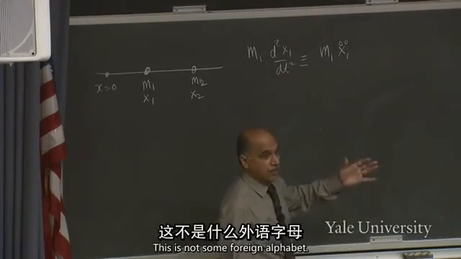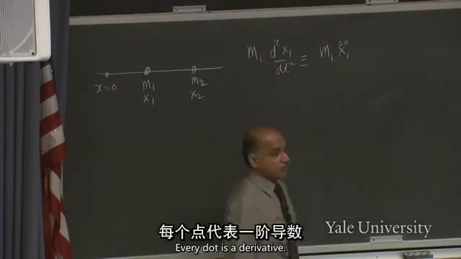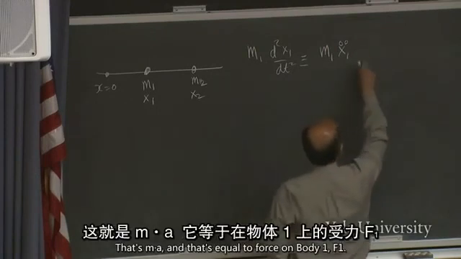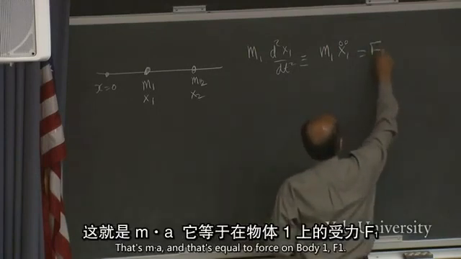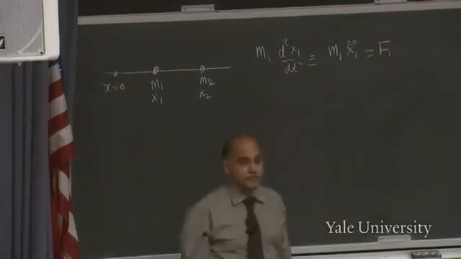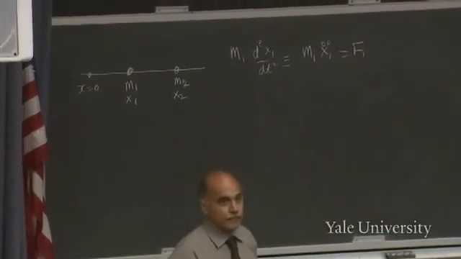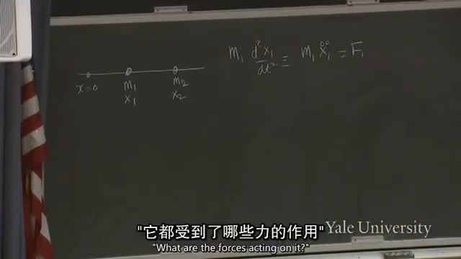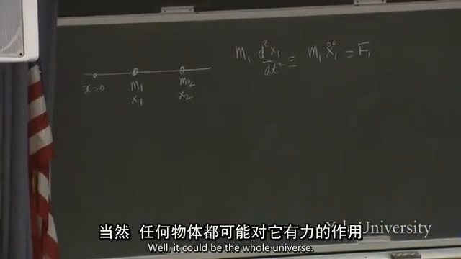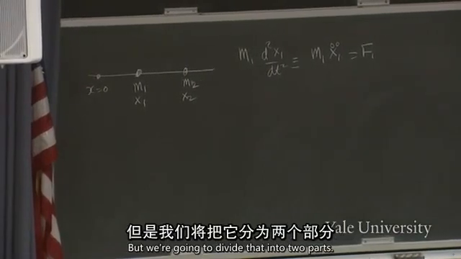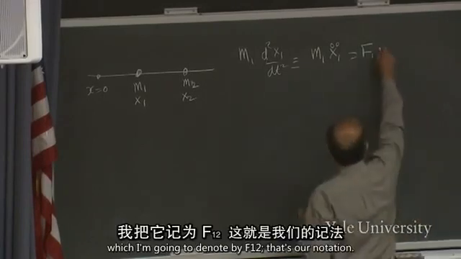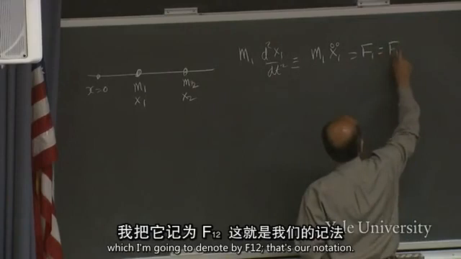So don't forget the dots. Okay, this is not some foreign alphabet. Every dot is a derivative. You should remember that when I do the subsequent manipulation. That's ma, and that's equal to the force on body 1. Now look at body 1 and ask, what are the forces acting on it? Well, it could be the whole universe. But we're going to divide that into 2 parts. The first part is going to be the force on body 1 due to body 2, which I'm going to denote by F12.